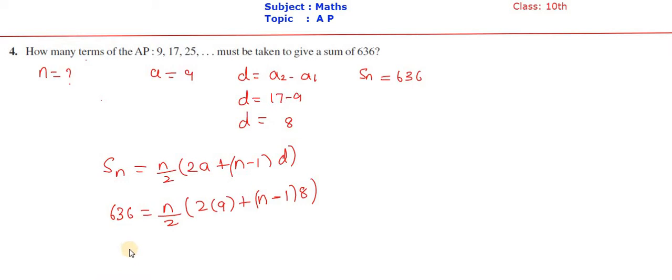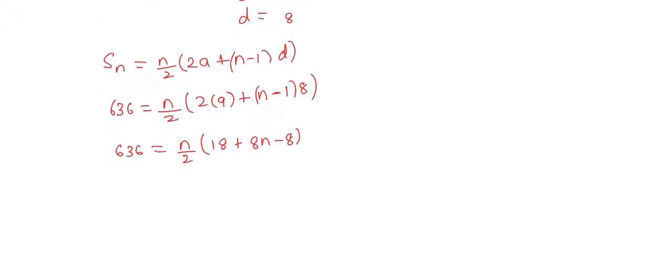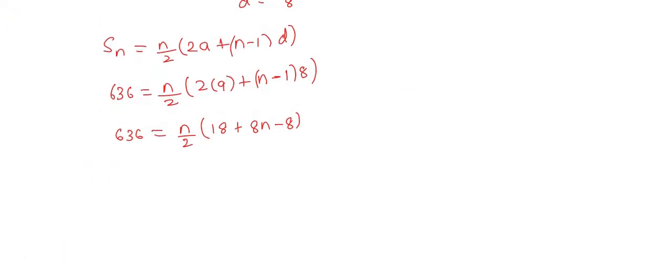So now simplify. 636 is written as it is, which is equal to n by 2 into 9 twos are 18 plus 8n minus 8. Okay, now simplify it further.